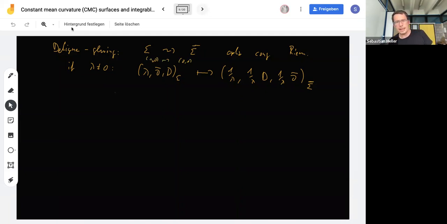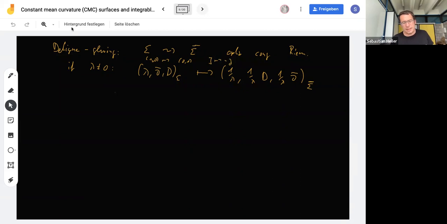So is this somehow clear, or shall I explain that in more detail? It just interchanges these decompositions because the complex structure J is mapped to minus J. So the decomposition just is interchanged.